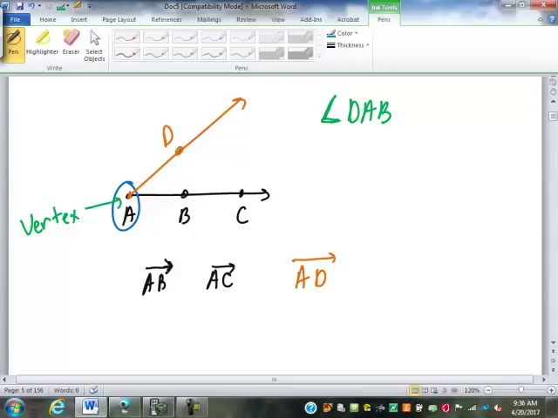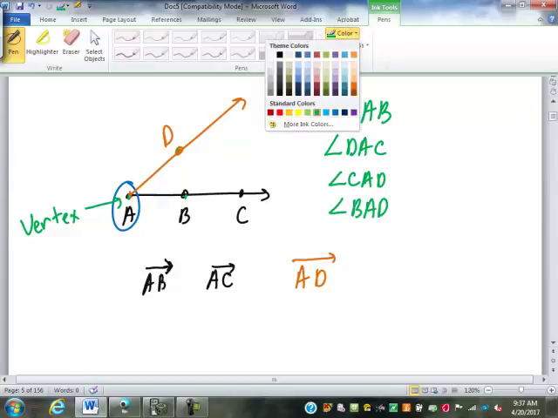We have to name a point on one side, then we name the vertex, and then we name a point on the other side. So it could also be labeled DAC, could be angle CAD, doesn't matter which order we go in as long as the vertex is the middle point, or BAD. All of those are suitable names.